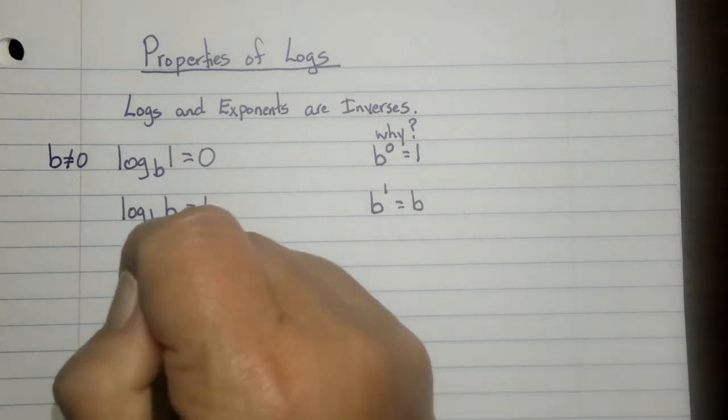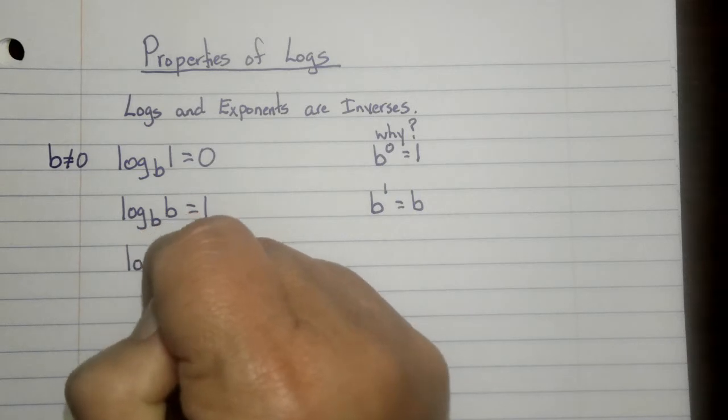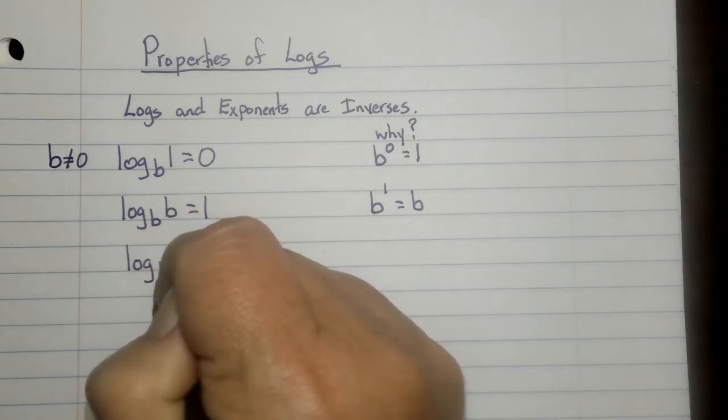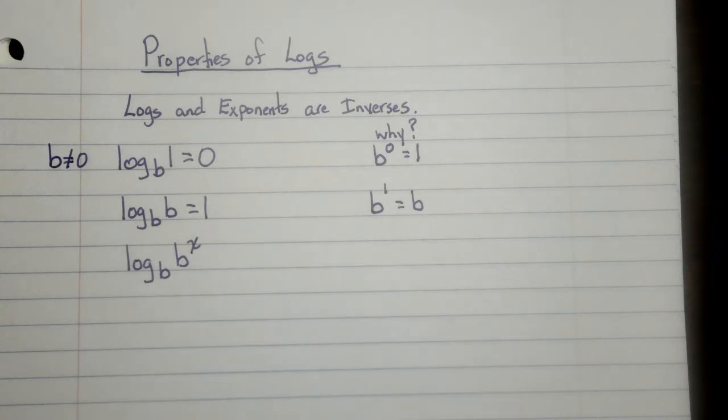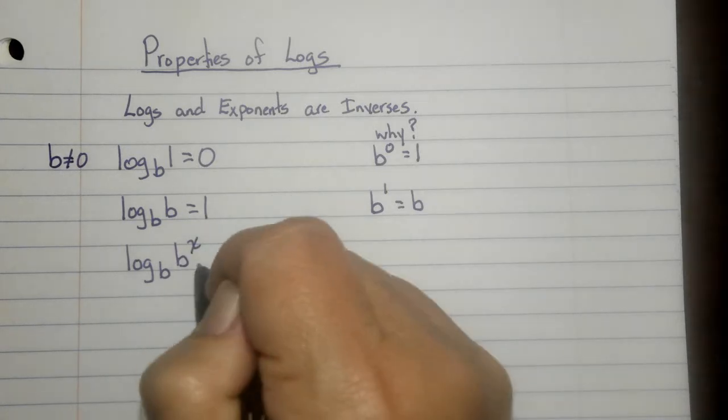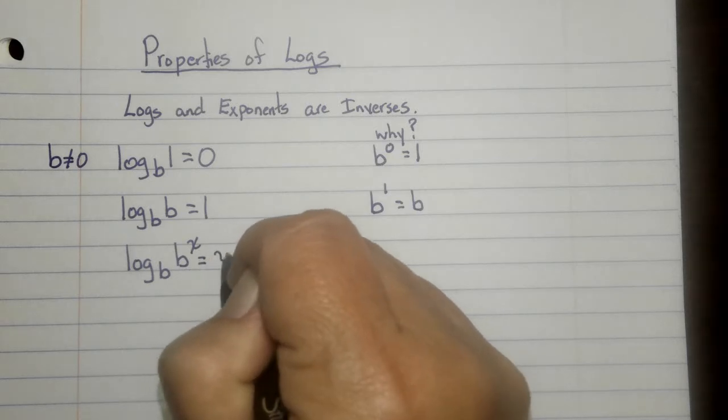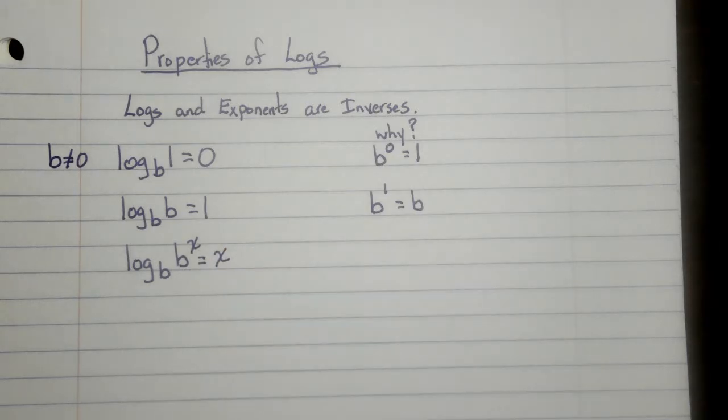Alright, next one, we have log base b of b to the x power. That is equal to x. Well, how do we make sense of that one?